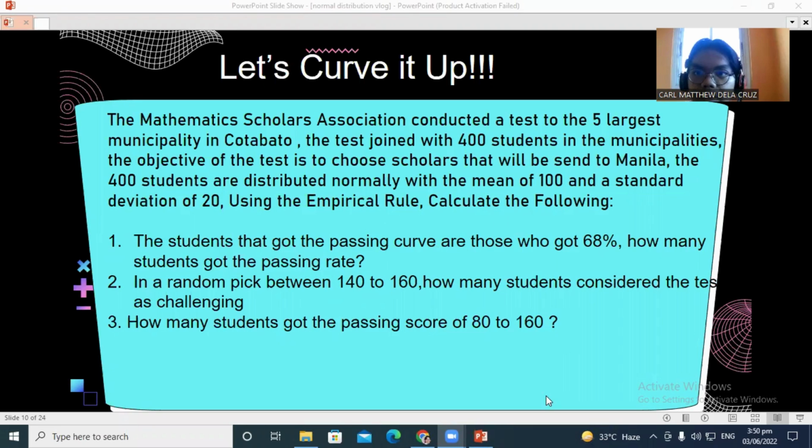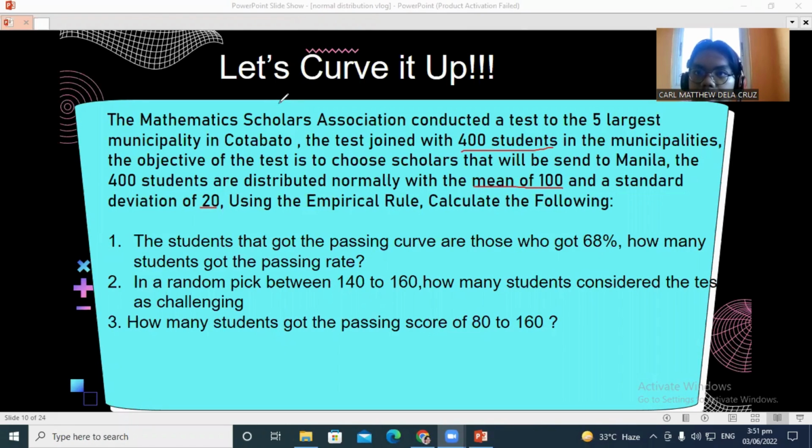So that we can fully understand the answer, first we need to look at the population: 400 students, the mean is 100, and the standard deviation is 20. So how do we apply the Gaussian curve to solve the following problems?